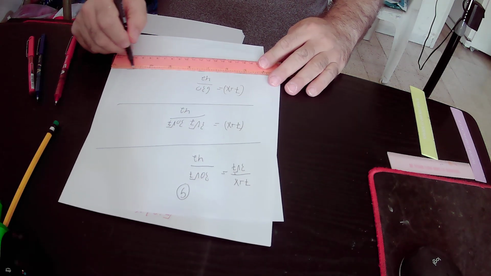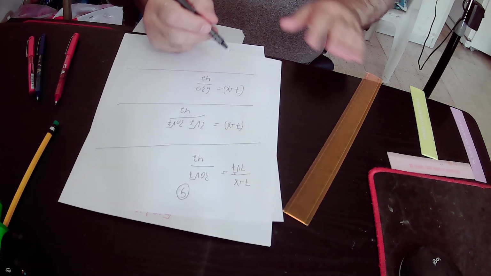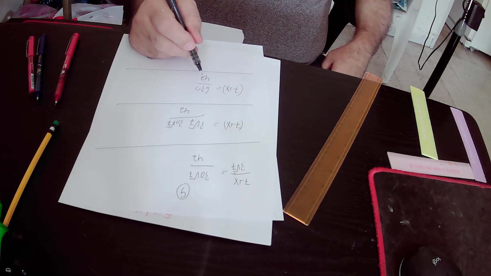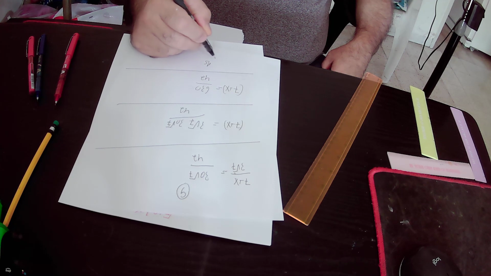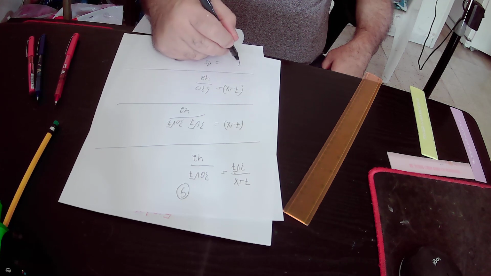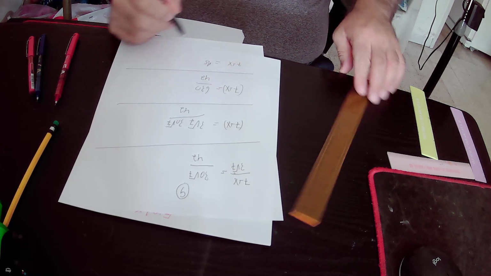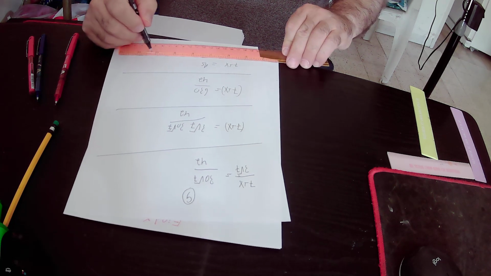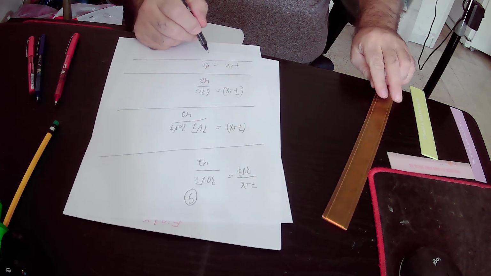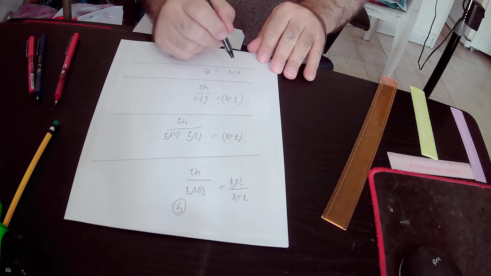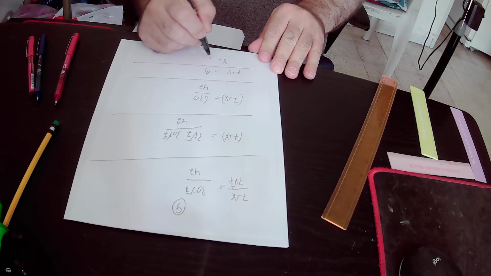Okay, so we got this equality. 630 over 42 is 15, equals to 7 plus x. Here we will subtract from this equality 7, and we will get that x equals to 15 minus 7 is 8 units.